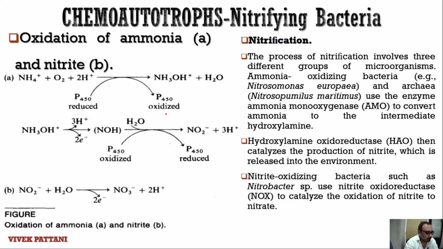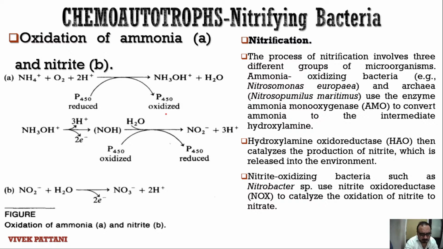So now moving further with the oxidation of ammonia and nitrite. The oxidation of ammonia is being carried out by Nitrosomonas europaea or Nitrosococcus or Nitrosospira briensis or Nitrosolobus multiformis.